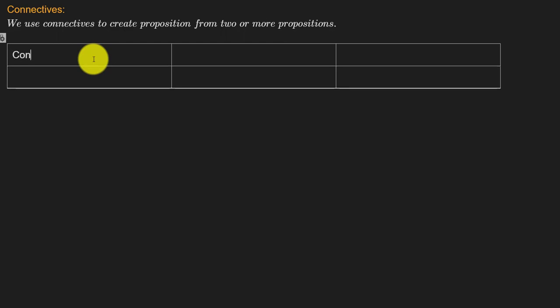One is conjunction, another is disjunction, or sometimes it is called inclusive-OR as well, and there is another one called exclusive-OR. Now in conjunction, it's basically an AND operator.